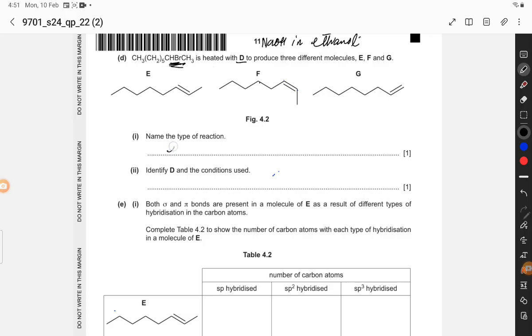This is an elimination reaction because bromine is going to eliminate, and that identifies D. D is sodium hydroxide in ethanol, in ethanolic medium.